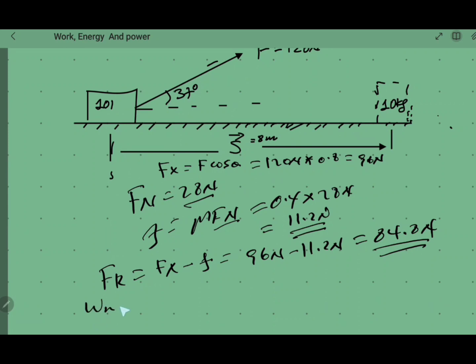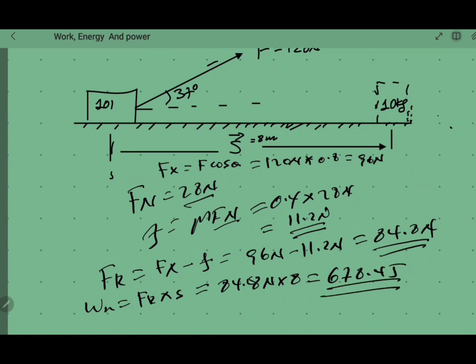The work done by the net force is the resultant force times the displacement: 84.8 Newton times the displacement of 8 meters. This gives 678.4 joule, the work done by the net force.